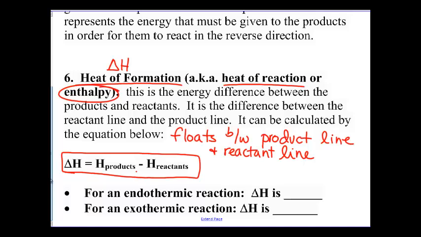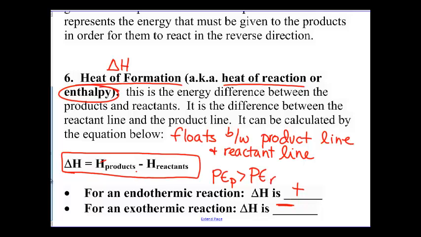If the reaction is endothermic, then delta H is positive because more energy goes in than comes out. Okay? If the reaction is exothermic, then delta H is negative. Okay? And again, we had already said for an endothermic reaction, the potential energy of the products is greater than the potential energy of the reactants.